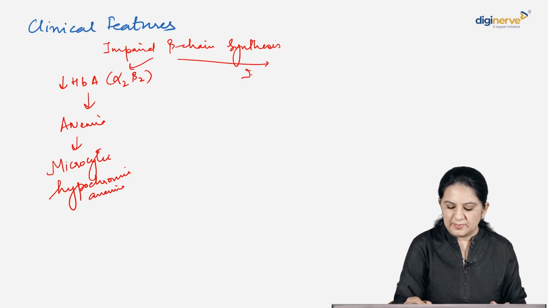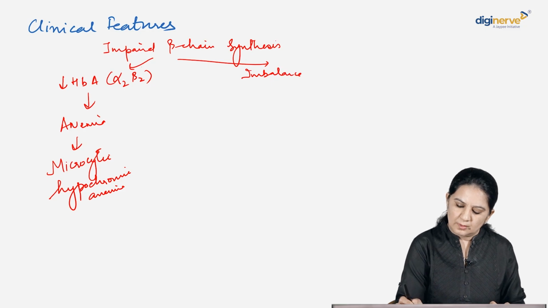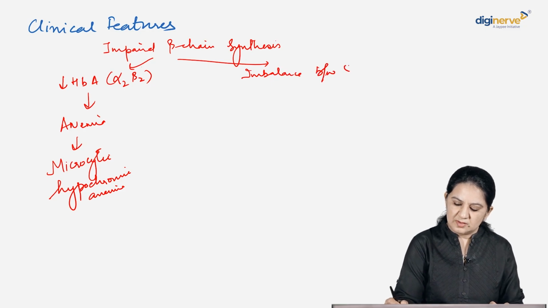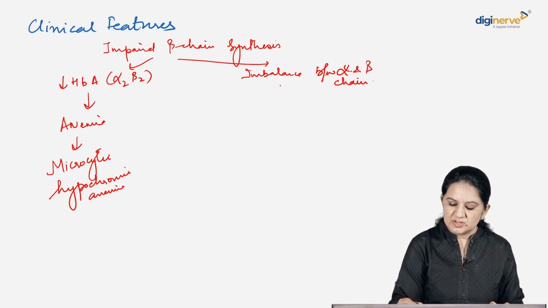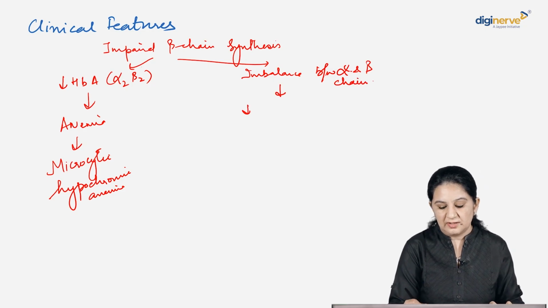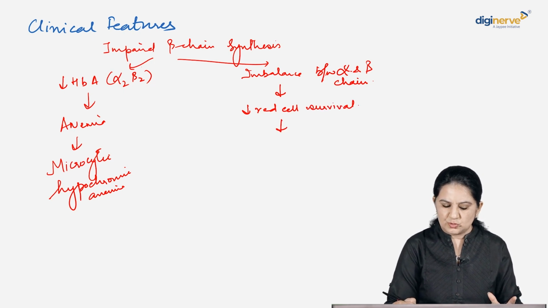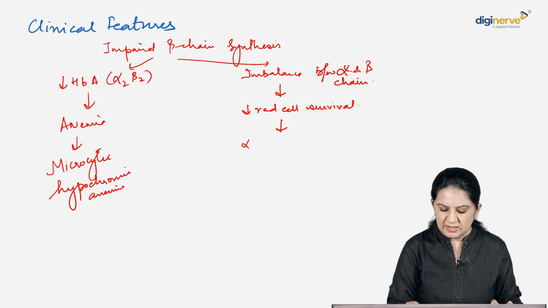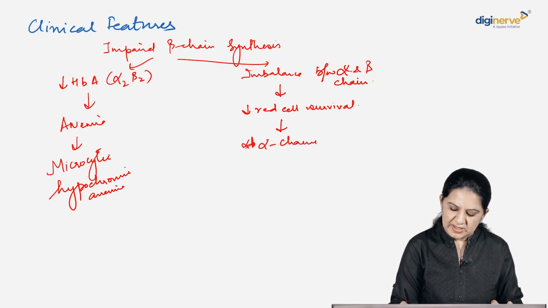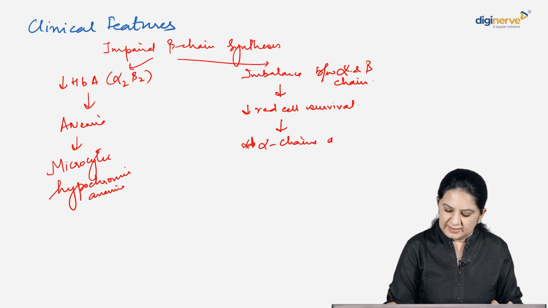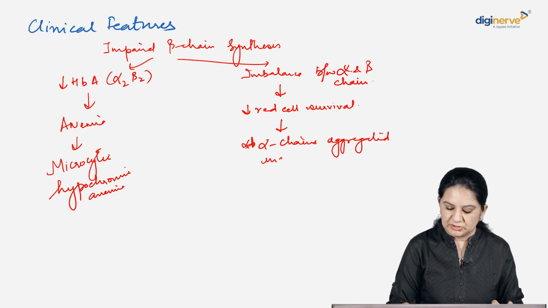Plus there will be an imbalance between the alpha and beta chains. Imbalance between the alpha and beta chain will affect the red cell survival. The red cell survival would be reduced. Alright. So beta chains are not there, so alpha chains would be aggregated or they will form inclusions in the cells.